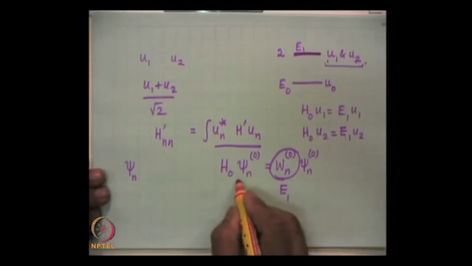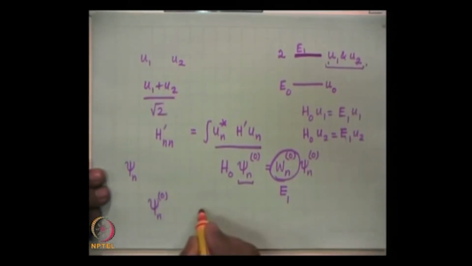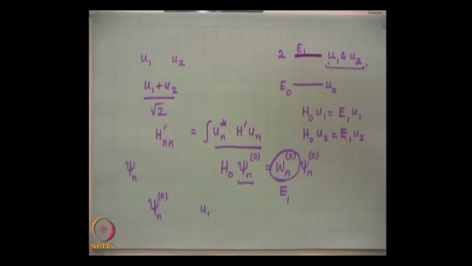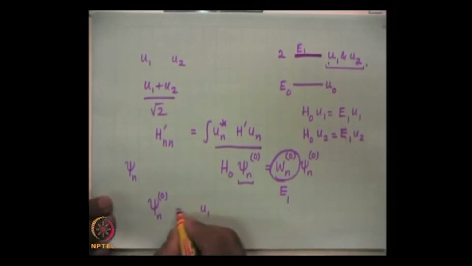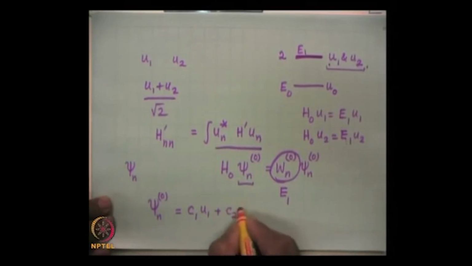Then the question arises, will psi n naught be U1 or U2 or some linear combination of that? We do not know, so let us consider twofold degeneracy, and we assume that this is equal to C1 U1 plus C2 U2.